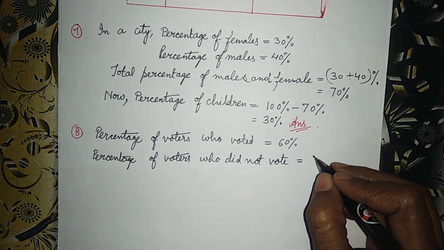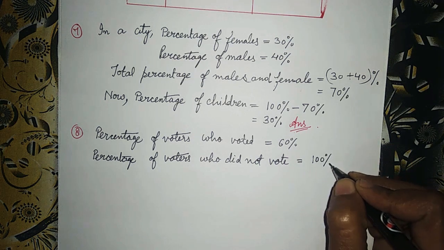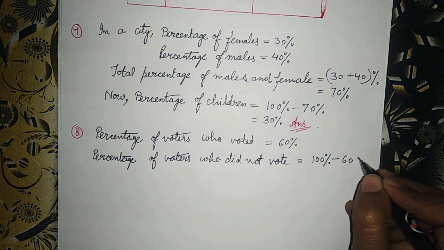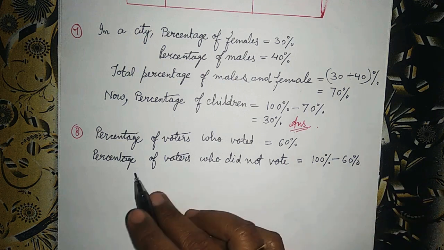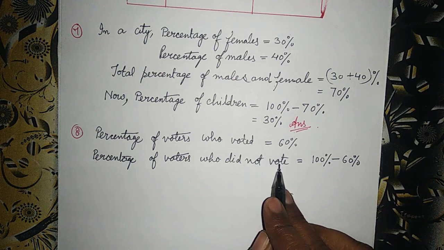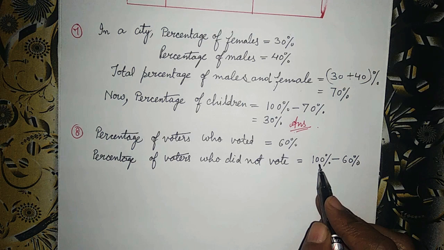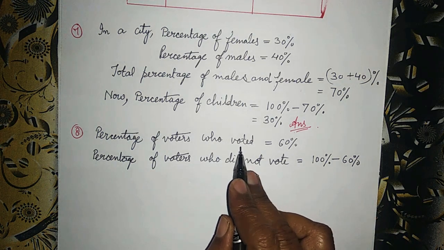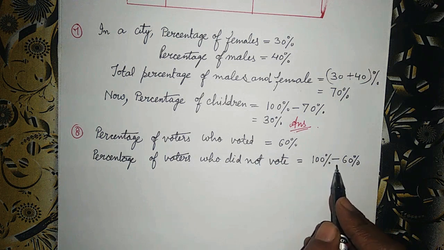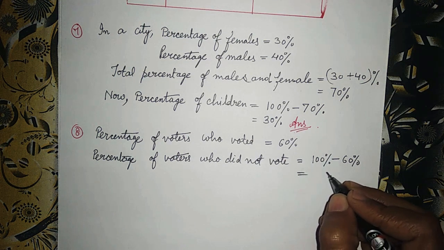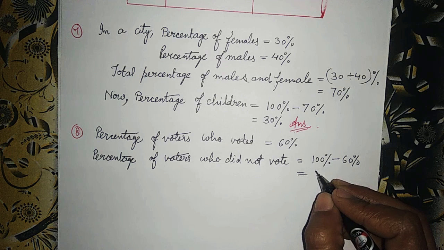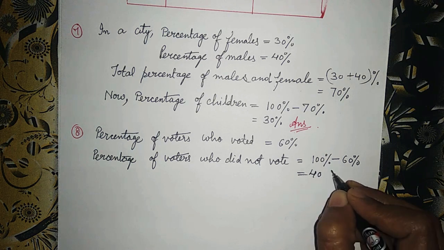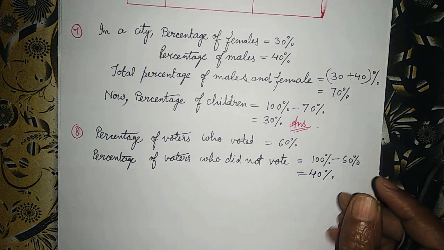For total we take 100%. Okay. Now minus 60%. Okay. For percentage of voters who did not vote, for this we will subtract percentage of voters who voted from 100%. Okay. Now here what we will get? Here 40% will come. Okay.